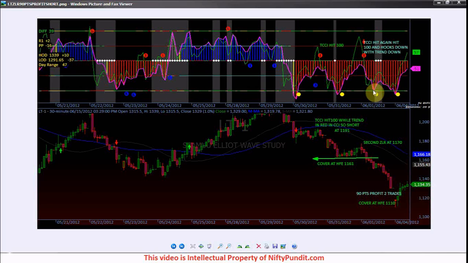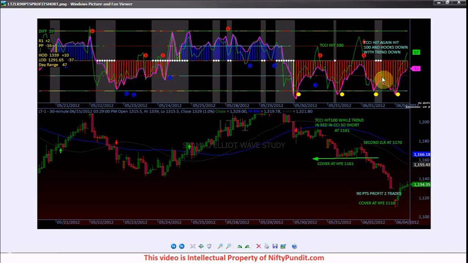And this is the place where you can run the trail. See, this is HFE. As per the rule, we can cover it out here itself. But while trailing the stops, we can take a chance until CCI crosses minus 100.